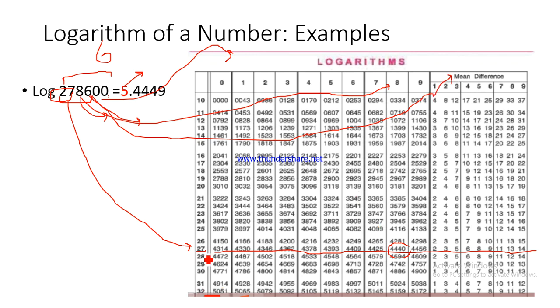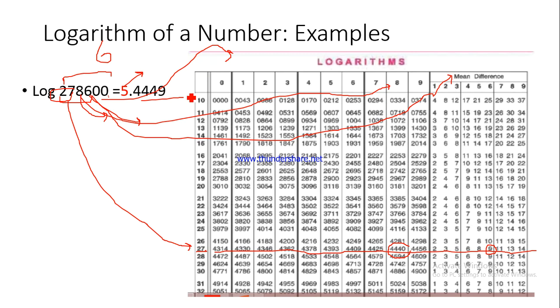So when I have to find out the mantissa for 2786, I look at 27, and then I look under the 8 column, and then I look under the 6 column. So I have circled the 2 values, and then I'll add them up. 4440 plus 9 becomes 4449, and that is what I mentioned here after the decimal. Is this okay? This is how I find the mantissa, and this now gives me my log value for 278600.